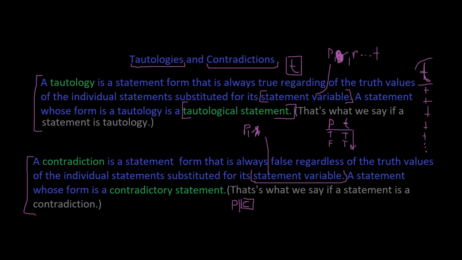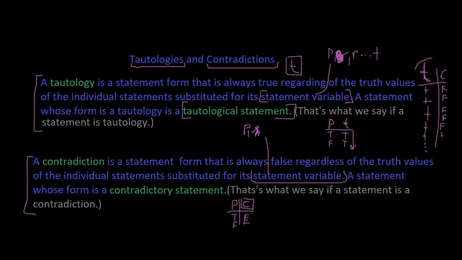I'm going to put in this truth table, and if you guessed it, it's going to be false, false. Just like this, if we have a contradiction, then in the truth table it's going to be false, false, false, false, false, and so forth.